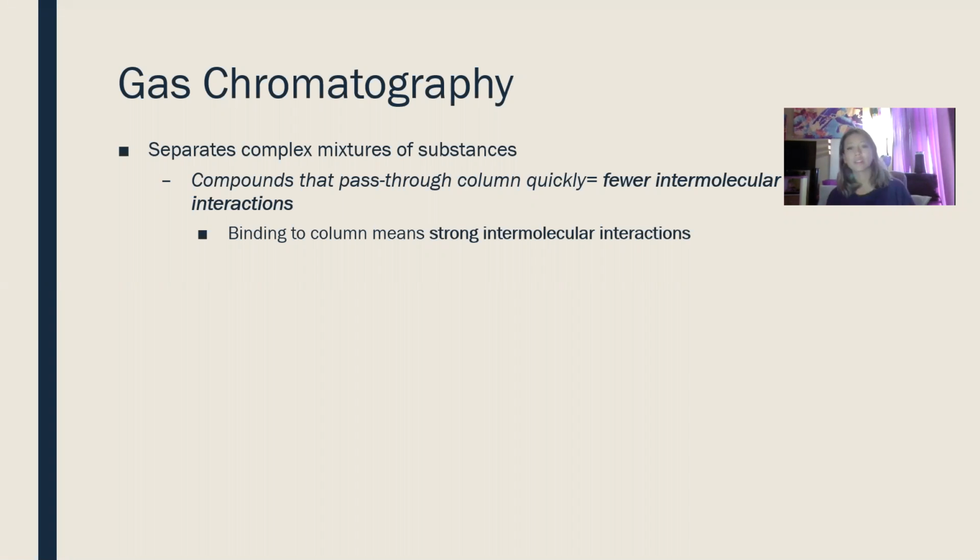But compounds that bind to the column have stronger intermolecular interactions. So compounds that pass through the column quickly would be more nonpolar molecules, with fewer intermolecular interactions, rather than polar molecules, which tend to interact more.